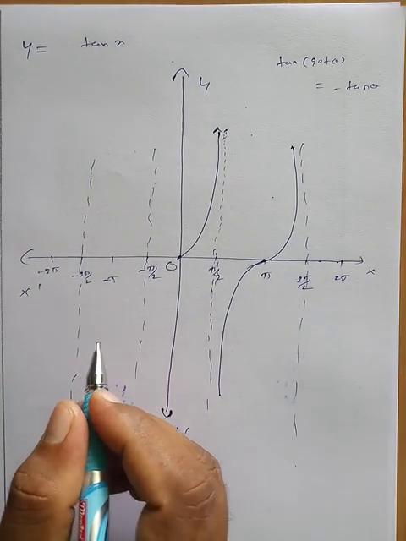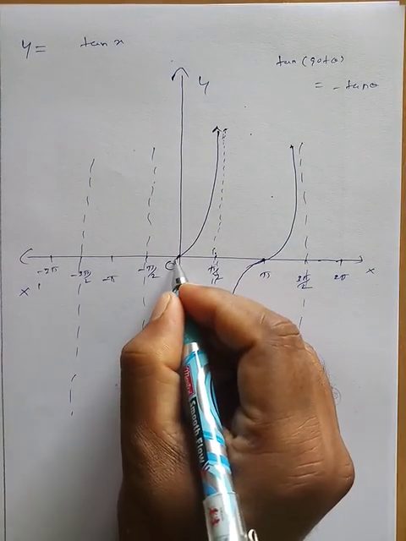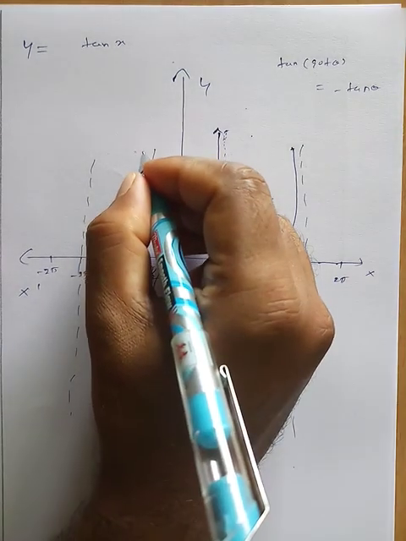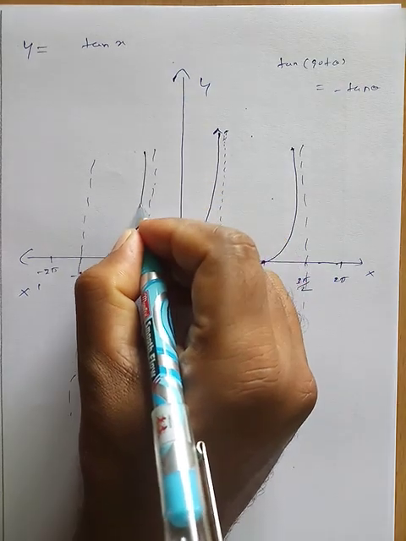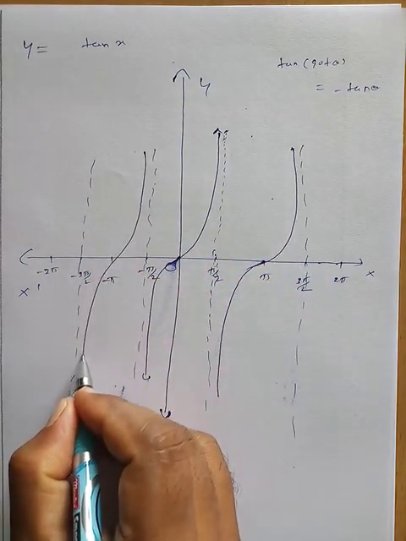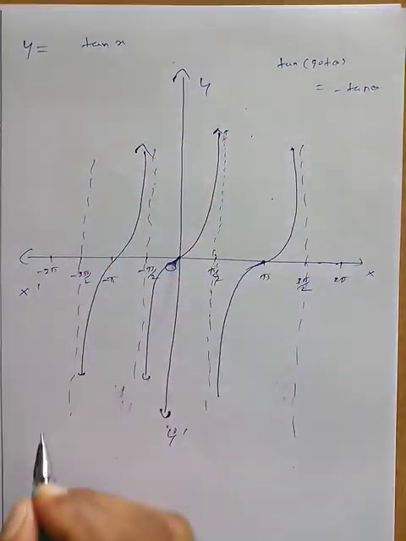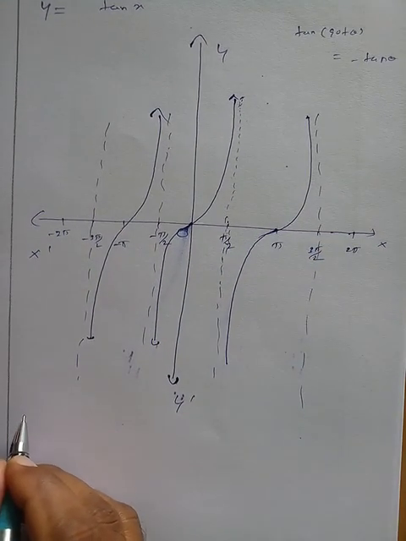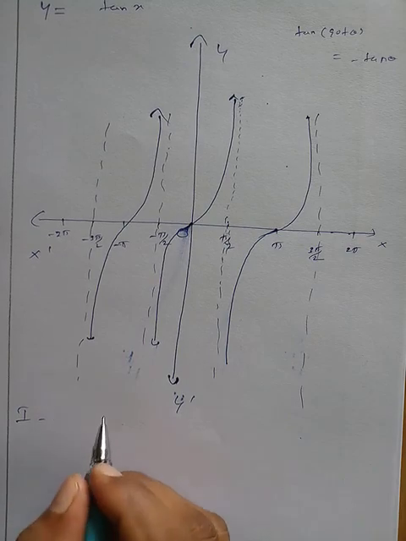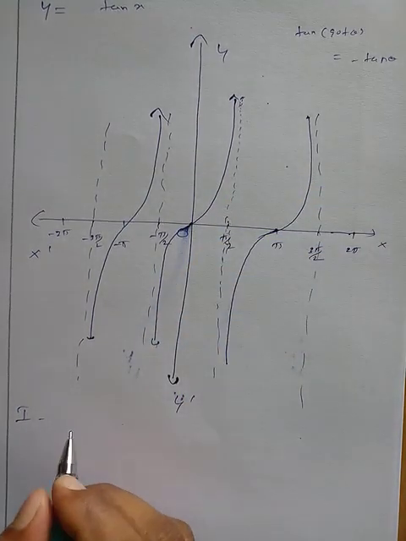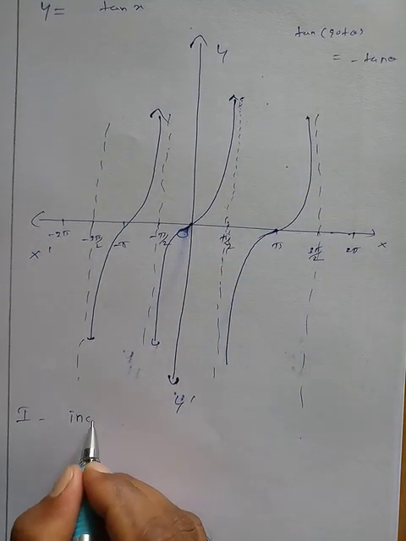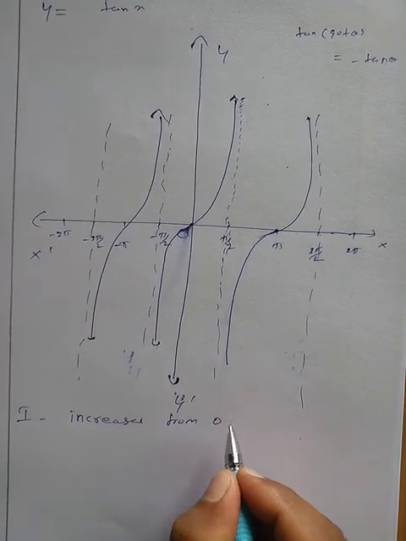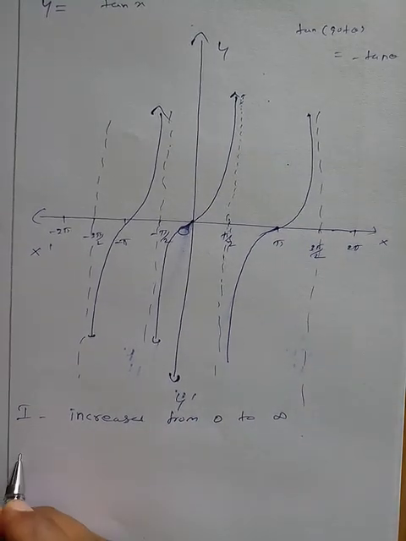On the left hand side also, this is a graph of tan x. Now the change of values. First quadrant, here increases from 0 to infinity.